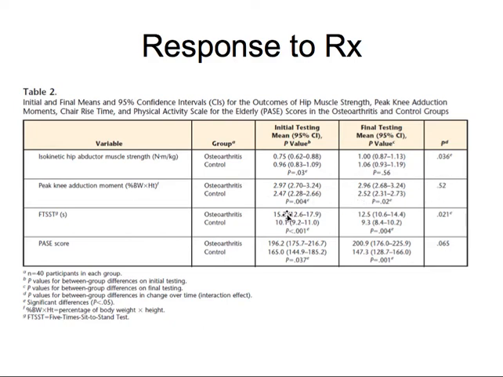And then in terms of activity levels, this is a test of activity levels, marginally close to significant. And then in terms of function, we can see here that there was some improvement in function in the final testing, so it was better.